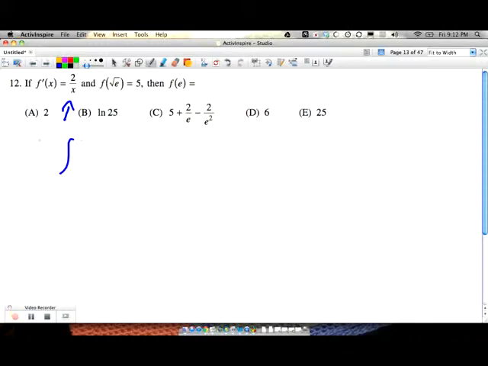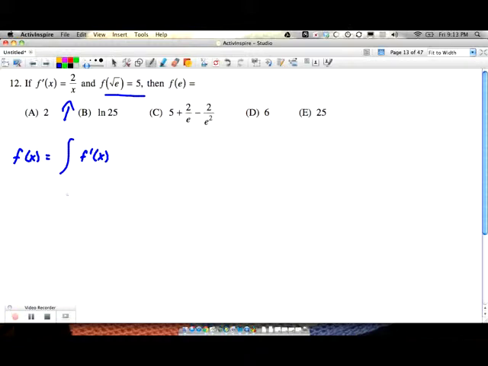The antiderivative, f of x, is equal to the antiderivative of f prime of x, and then we're going to have a constant actually on the end there. And we're going to use this information here, f of the square root of e is equal to 5. That's going to help us find that constant.